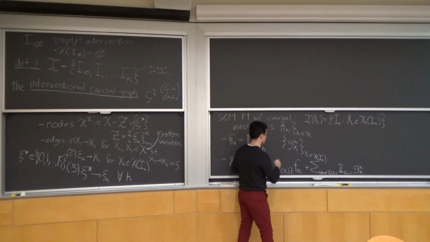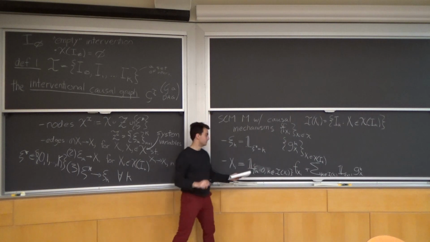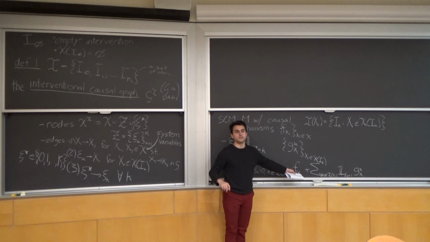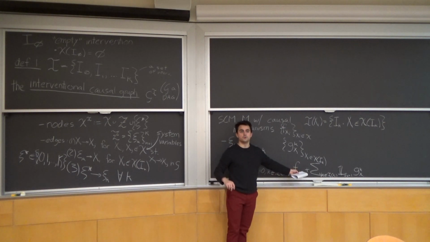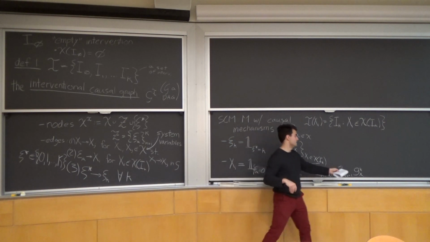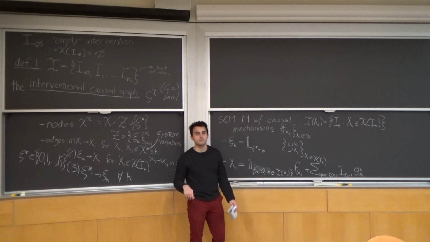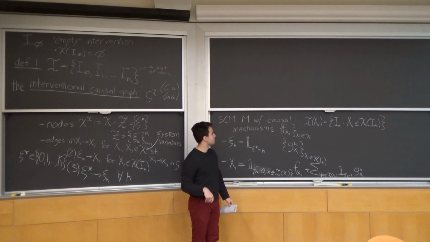Here I'm just writing the functions dropping the arguments. Really this is a function of the other system variables and that exogenous noise term.